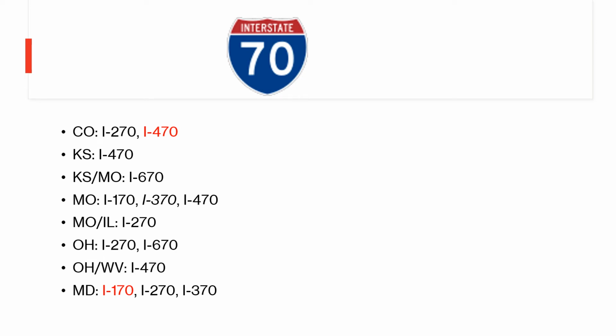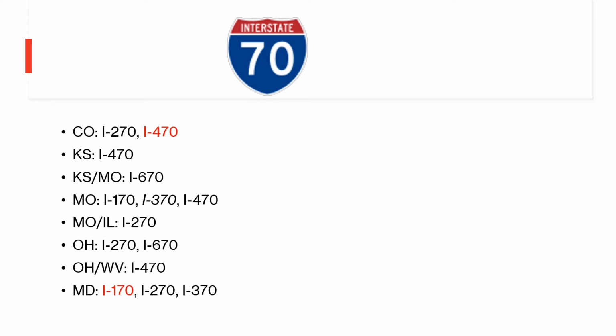Colorado, I-470 was supposed to go around Denver. It was a former interstate and it got canceled and was turned into a state route and a toll road, I believe. And in Missouri, I-370 is being planned. And in Maryland, I-170 was supposed to go through Baltimore and got canceled.